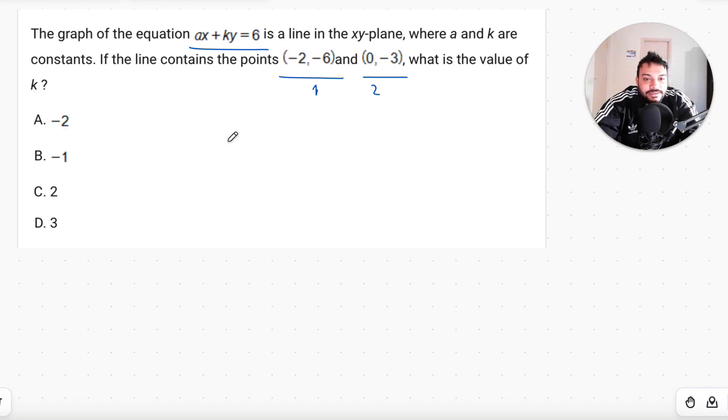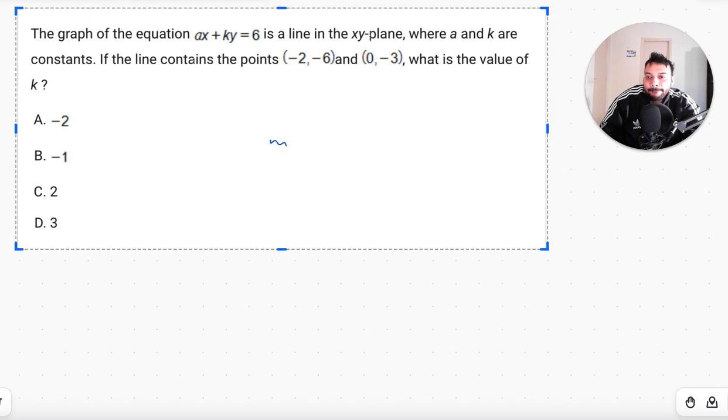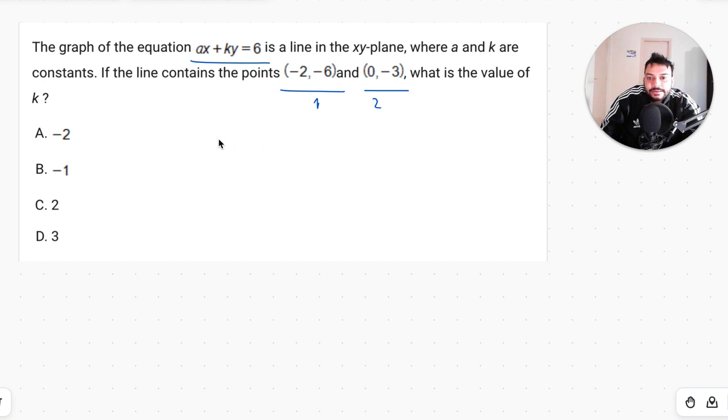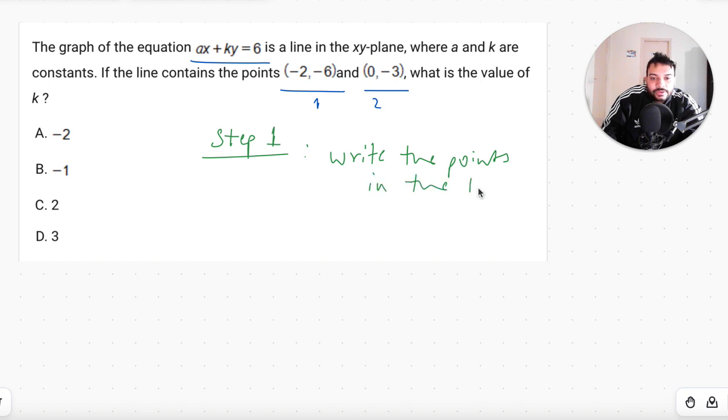We can do this using DESMOS. Again, I'm reiterating the steps for regression. Step 1: write the coordinates in the table. Write the points in the table on DESMOS.